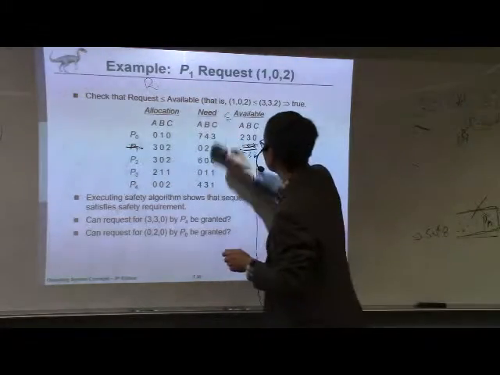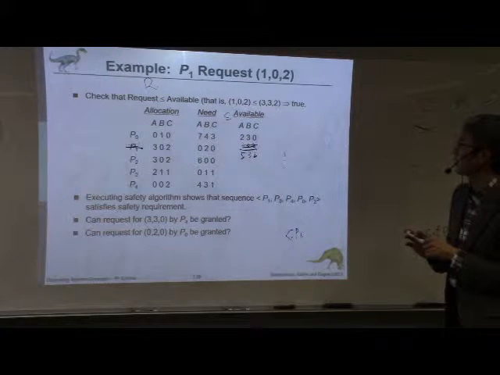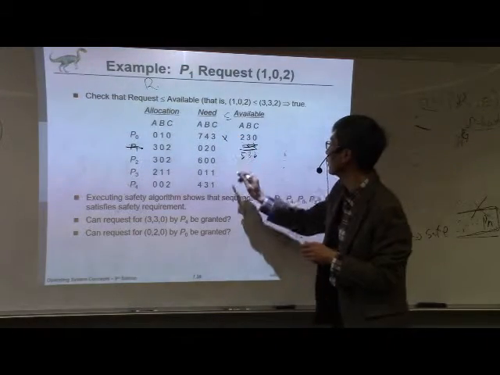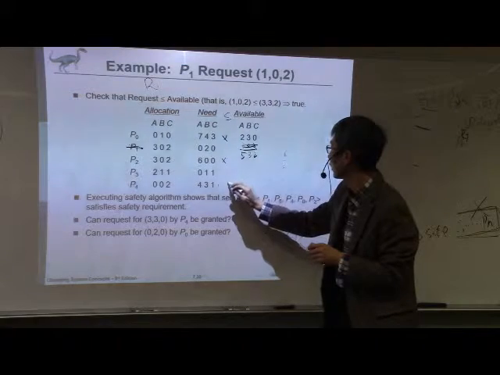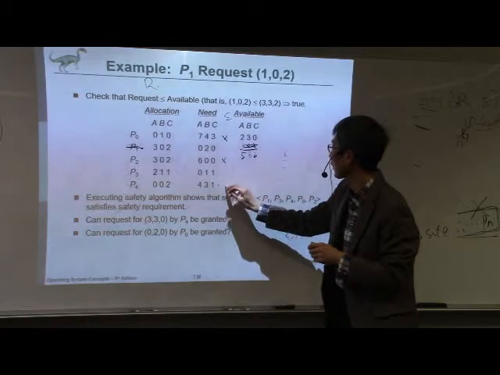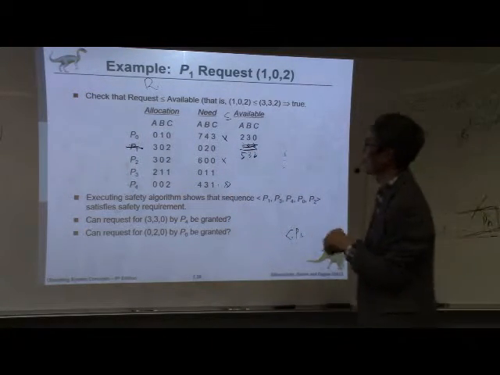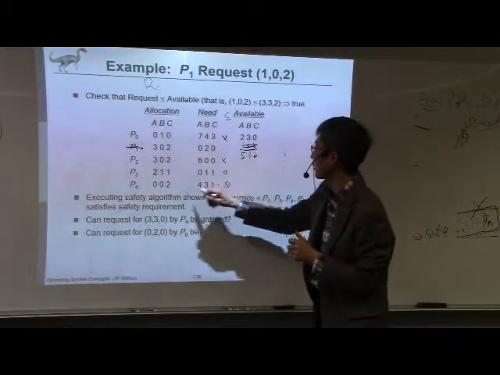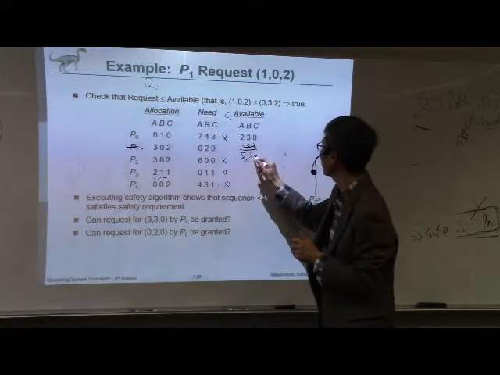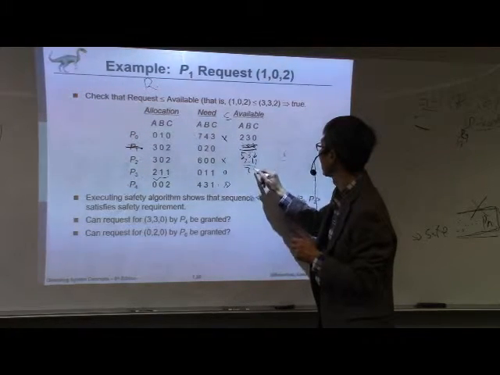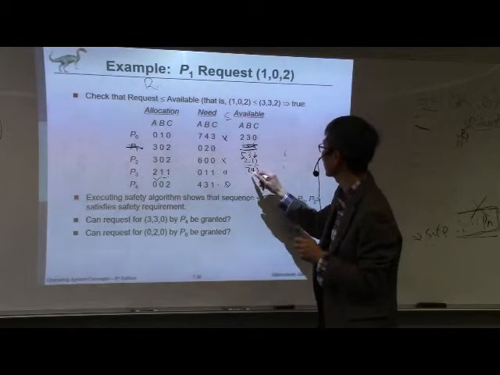Then which one? This is not possible. This is already done, and this is not possible. This one is possible, right? So which one will be better, this one or this one? P3: 2, 1, 1 added gives 7, 4, 3.